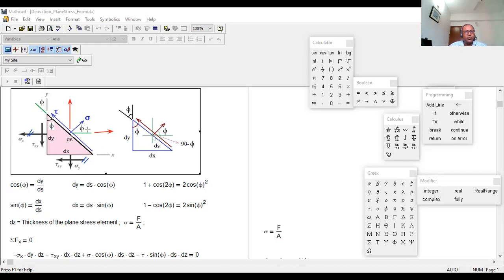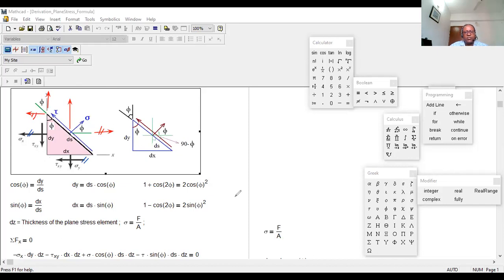So that's 1, 2, then we have one more, 3 forces. Then this tau is working along this direction, so you can resolve this tau into components along the x-axis and also along the y-axis. So our concern now is with the x-axis. So how many forces? 1, 2, 3, 4.